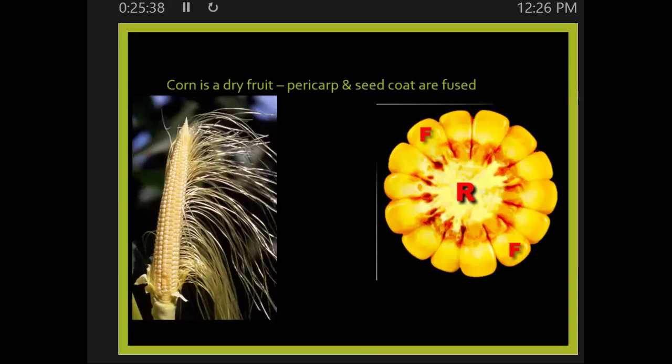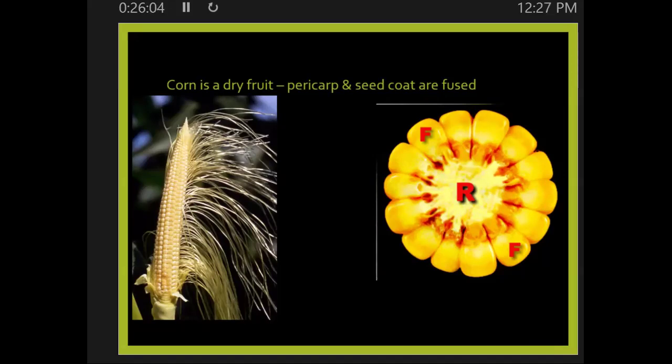So many, many ovaries, an inflorescence. When you look at a corn on the cob here in cross section, that's the central part of the fruit, the receptacle. That is fruit. So each kernel is a dry fruit, and they're attached to the receptacle. That makes the corn on the cob.